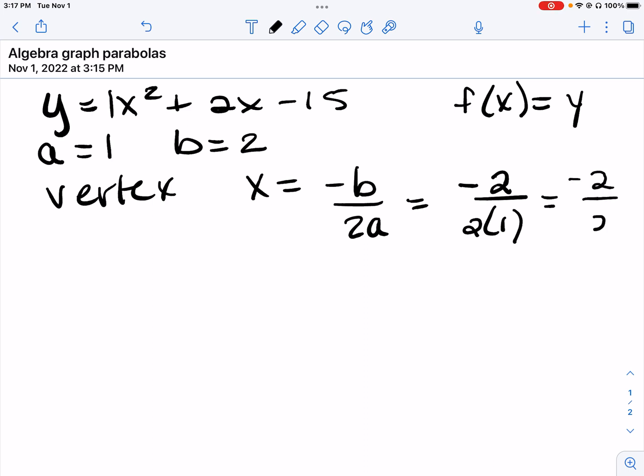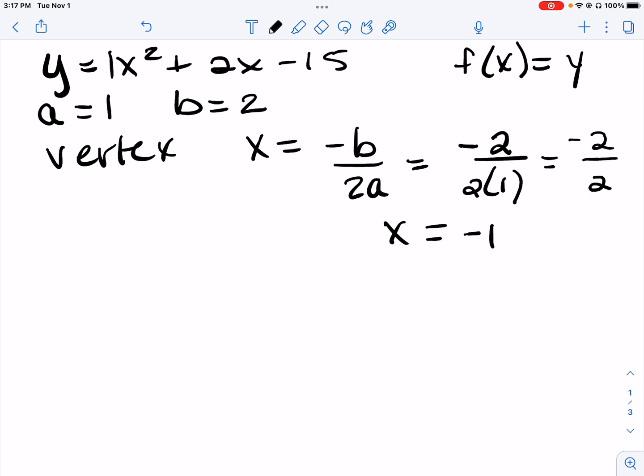So that's negative 2 over 2. So x equals negative 1 is the x part of our vertex. We're going to find the y for that now. X equals negative 1.